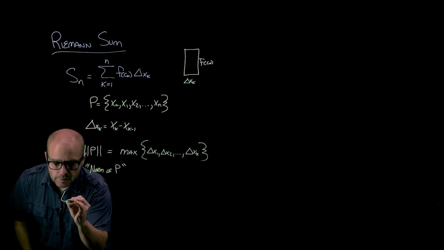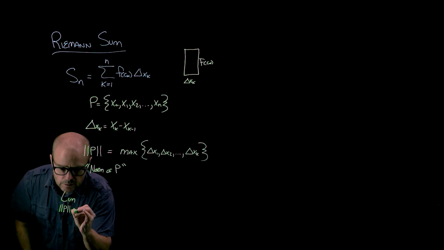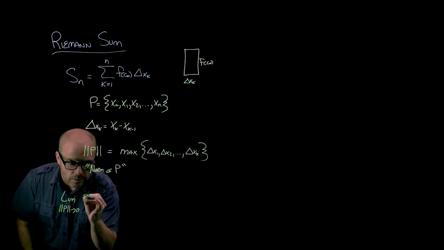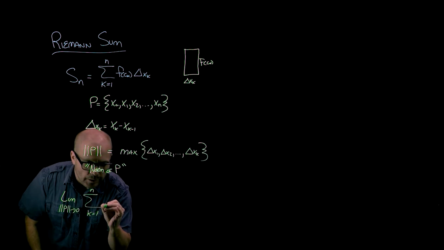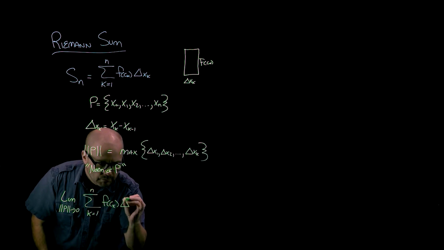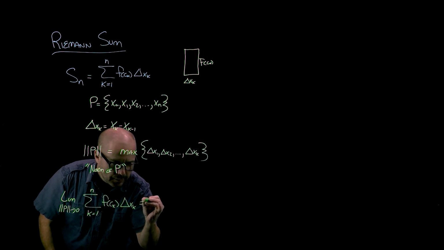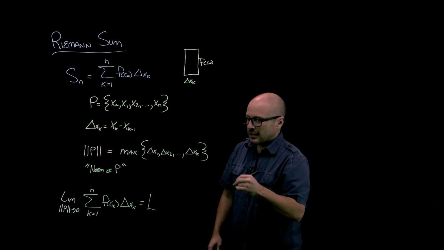the limit as the norm of that partition goes to 0 of our Riemann sum, that has some limit, or it may have some limit. That limit doesn't always exist.